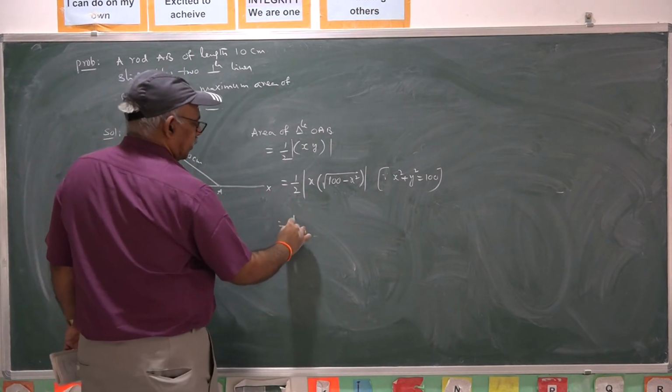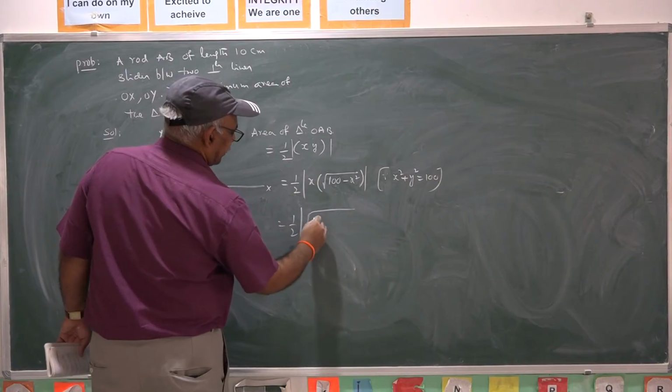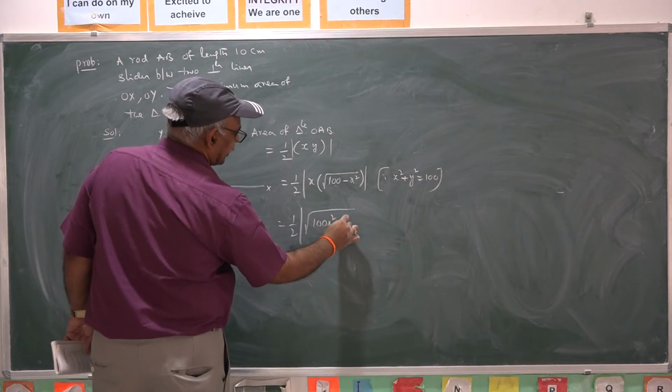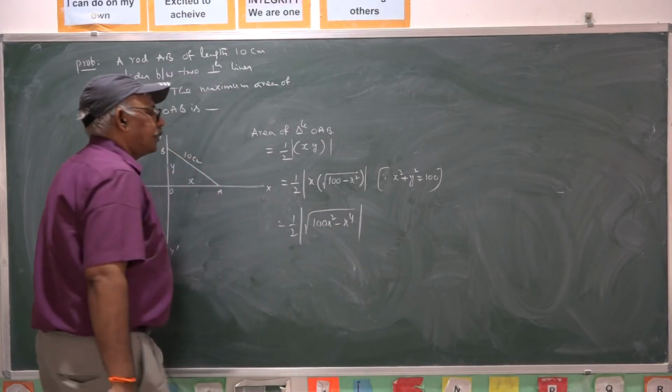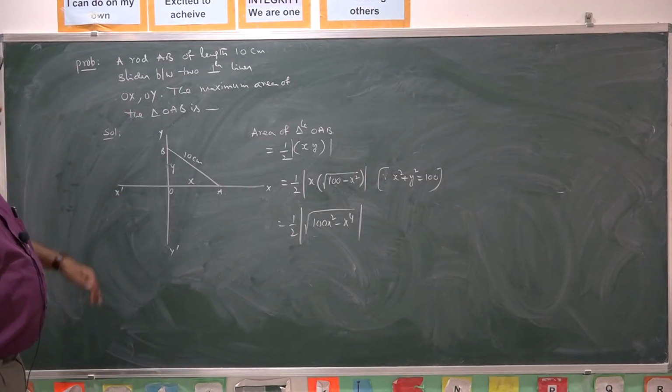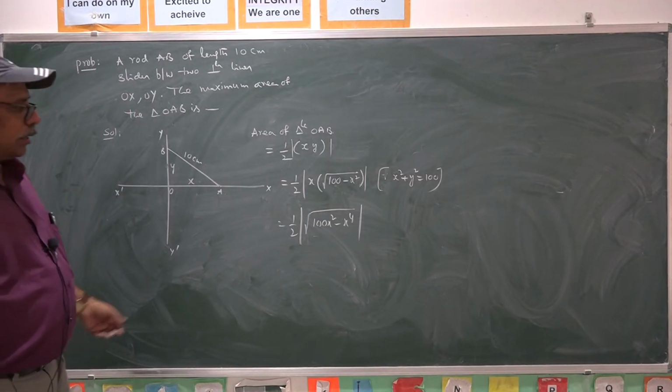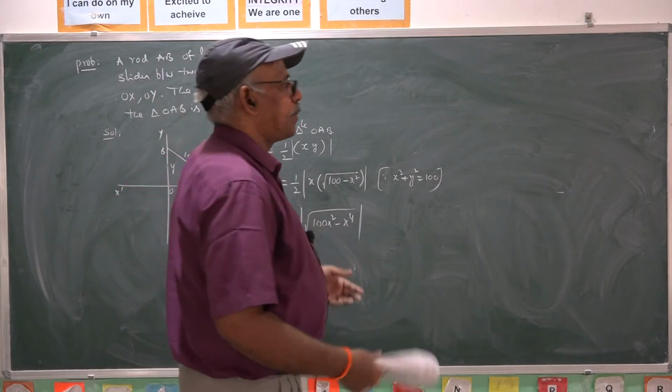So this is 1 by 2 into modulus of square root of 100 x square minus x power 4. This is to be maximized here. You have to find x so that it is maximum.